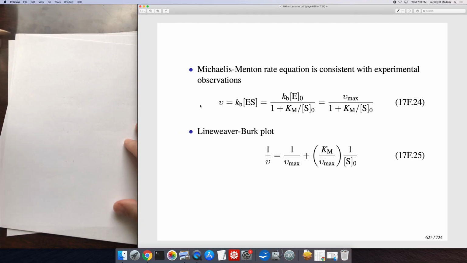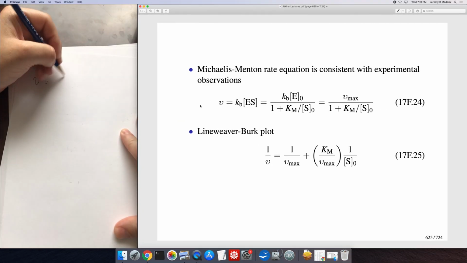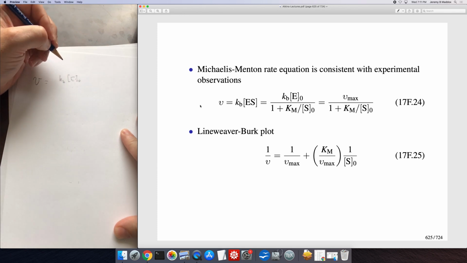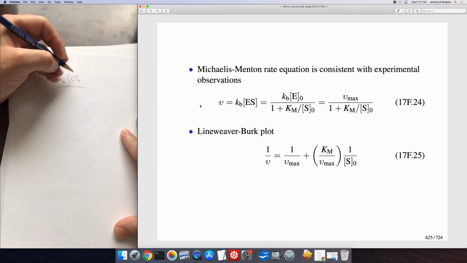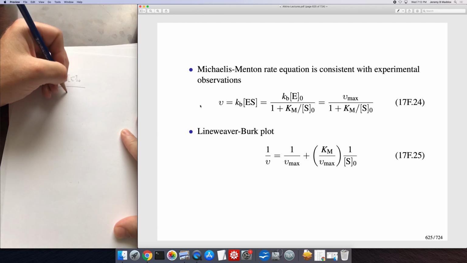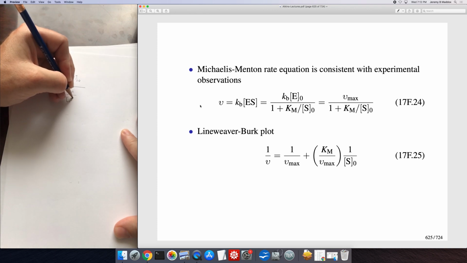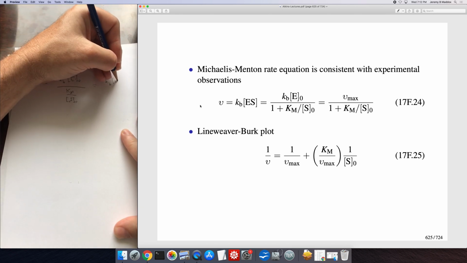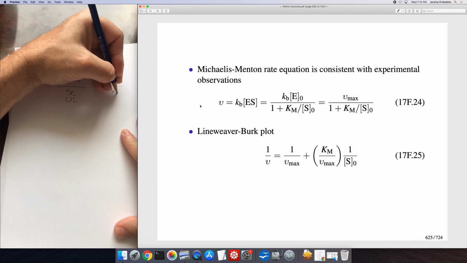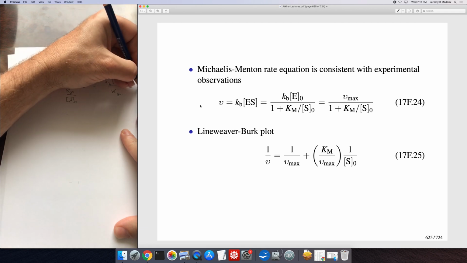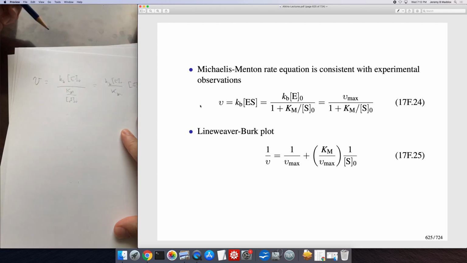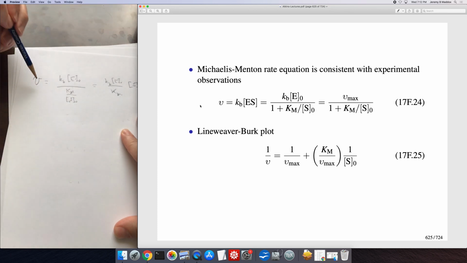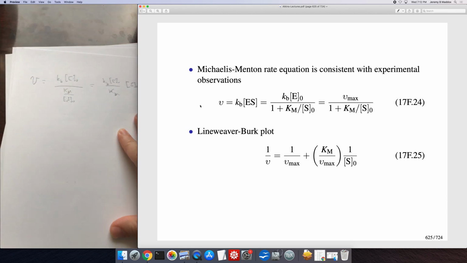And so that effectively means that for the case where the substrate concentration is very small, we can neglect that 1 and we'll effectively have Km over S0, Kb E0 over Km times the substrate concentration. So here what we see, when S0 is small, the rate will depend upon the substrate concentration.